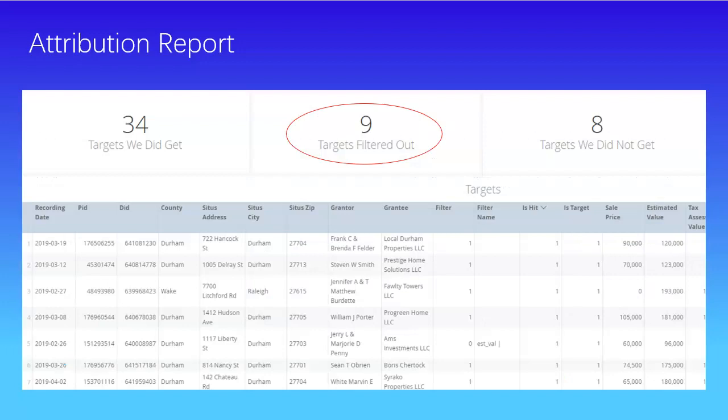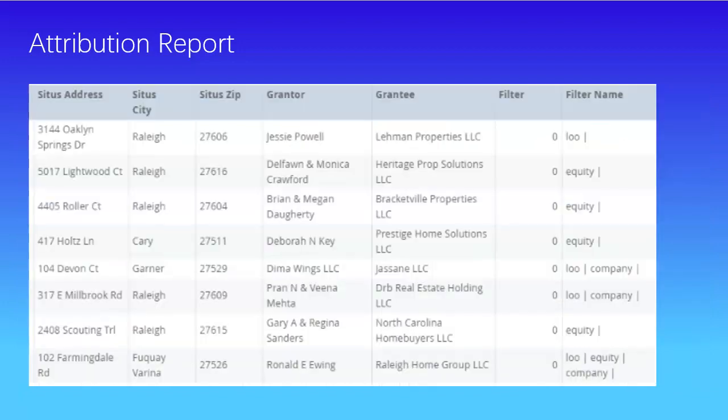So now, when you're looking at what was filtered out, you might say, geez, I wonder what I missed here. And you actually have a way to look at that. You say, oh, I filtered these guys out. Oh man, I filtered these guys out on equity, but I actually would have done that deal. Maybe the information being provided on equity, which is a fake number divided by a fake number, an unamortized loan amount divided by an estimated value, is certainly wrong for anything that's going to be a fix and flip property.